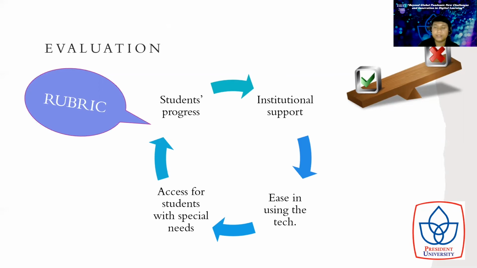Is it accessible enough, or is it easy enough to navigate or to access the software? And then how about the perspective from the students with special needs? Is it accessible or not? We also disclosed a rubric to measure the students' progress after they utilize this kind of assistive technology.